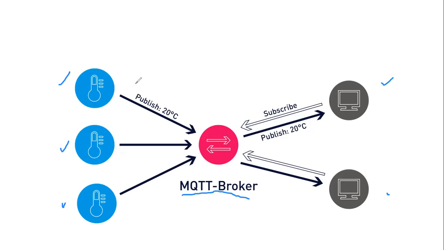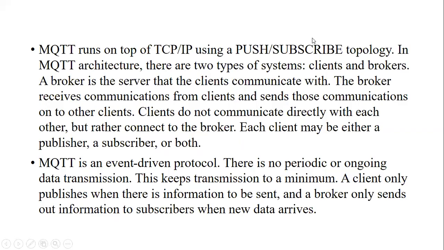Information is published and sent to this broker, and from this broker the information can be accessed. For that, these devices have to subscribe with this MQTT broker. So this is the publish subscribe model.